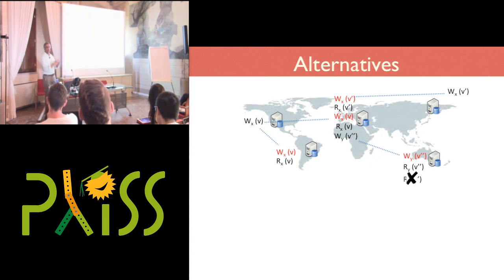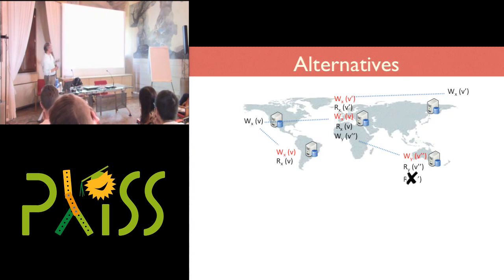You might argue, but wait a minute, there was a write of v double prime to y that came from that replica, and when it started sending its other data, maybe it could also have sent the write of x to v prime as well. Maybe it propagates that along with its information. But in order for it to do that, it would have to overwrite the subsequent write of x to v. Observe that there are two writes in red, and the write of v prime occurs before the write of v.